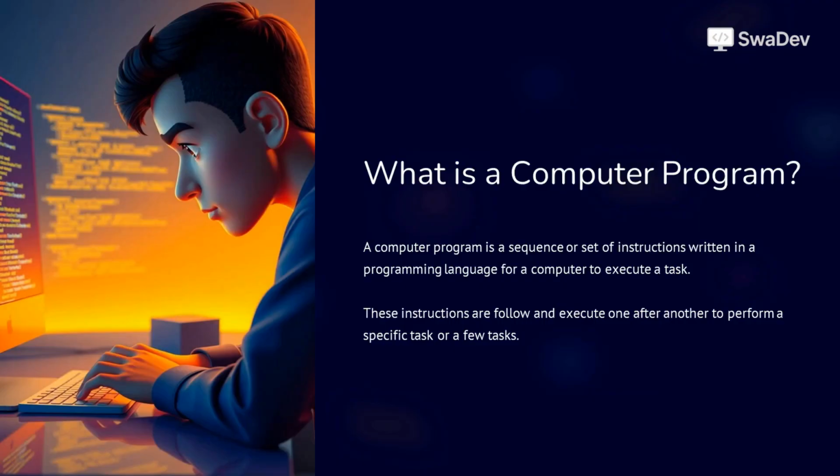So now, what is a computer program? Do you know about that? Okay, let's find out. Simply put, a computer program is a list of instructions written in a programming language that the computer follows to complete tasks, like opening your email, playing music, or editing photos.